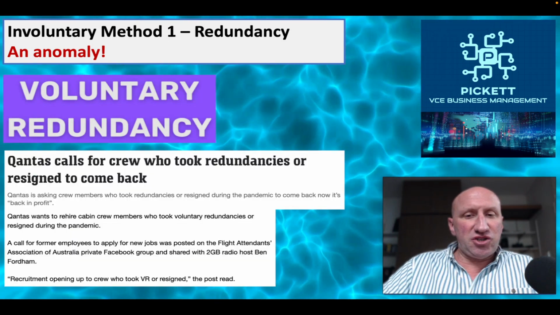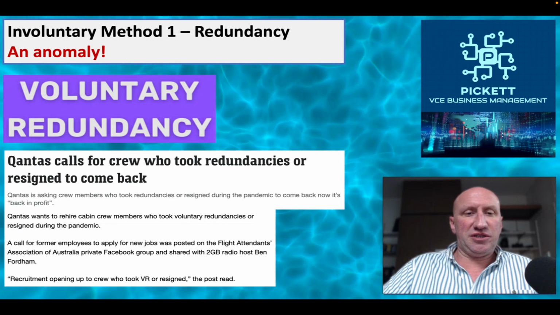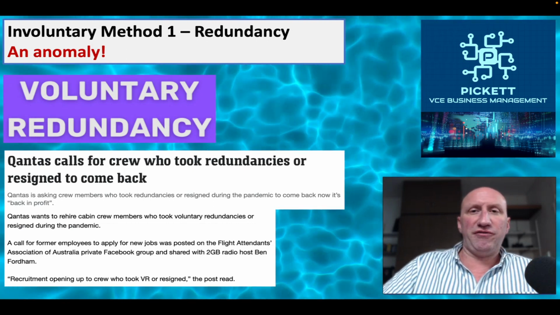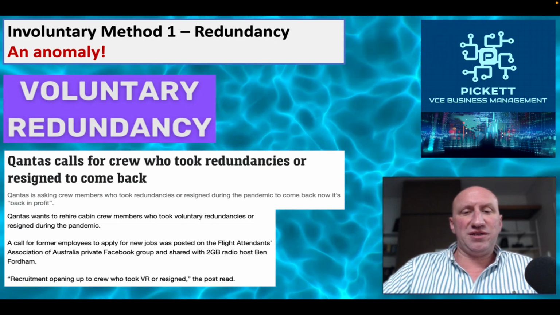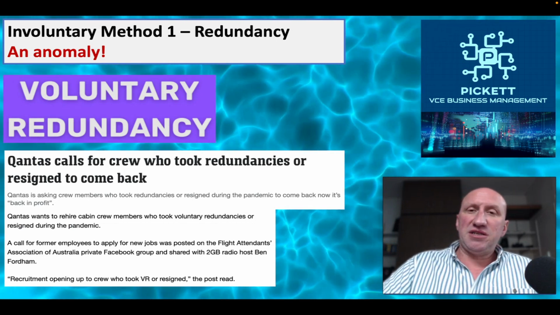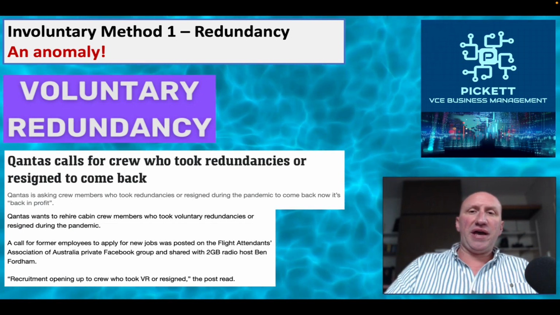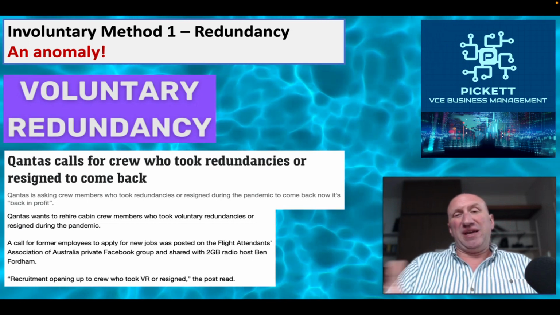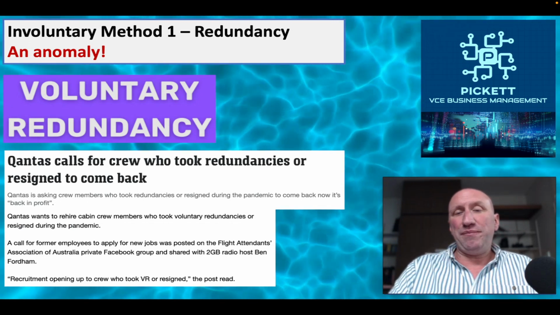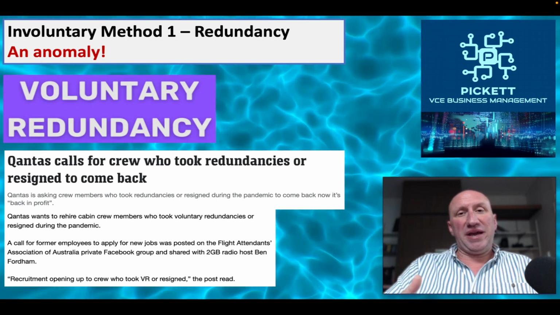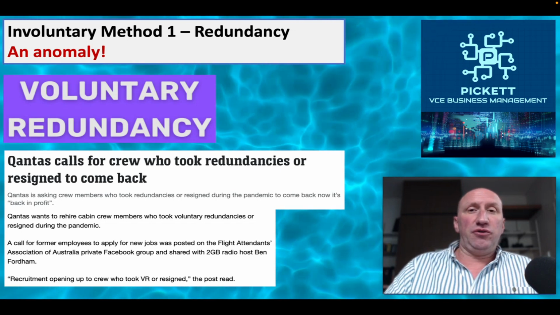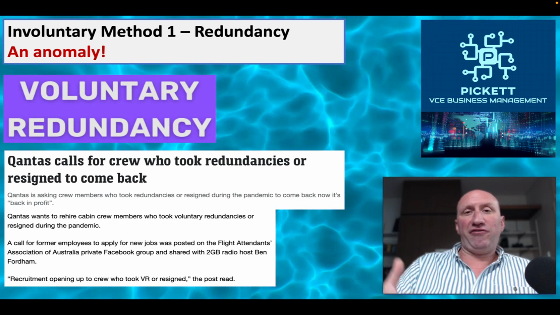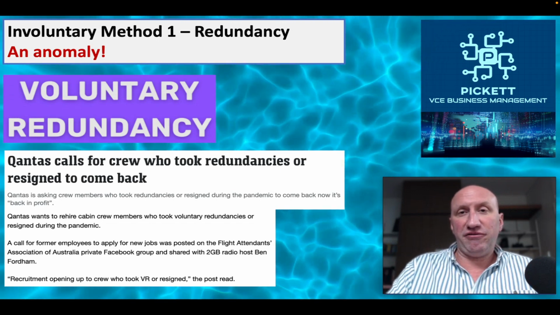So let's demonstrate this by looking at some news items here. Qantas with COVID, obviously their income pretty much went to zero. They had to make some decisions around staffing, and they had to make a lot of people redundant. Now, when businesses need to make some large-scale redundancies, what they usually do is offer voluntary redundancy first.